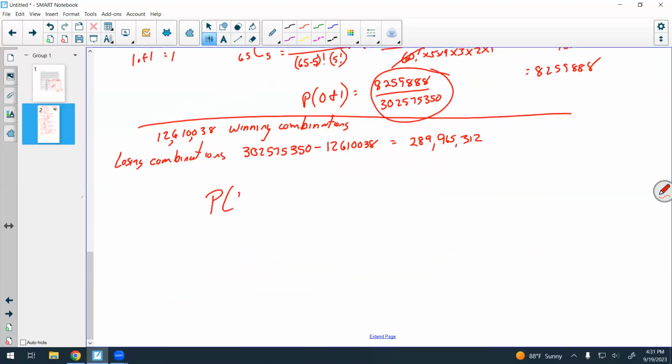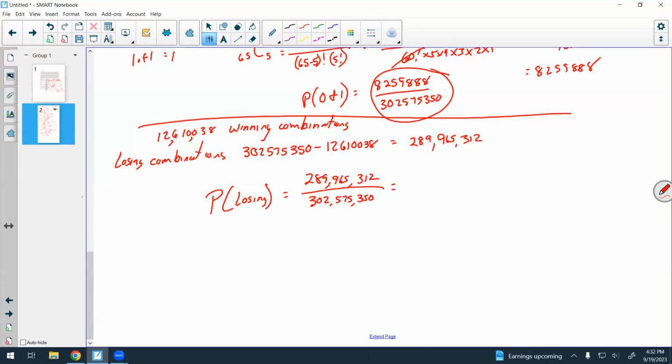So probability of losing is 289,965,312 over 302,575,350.